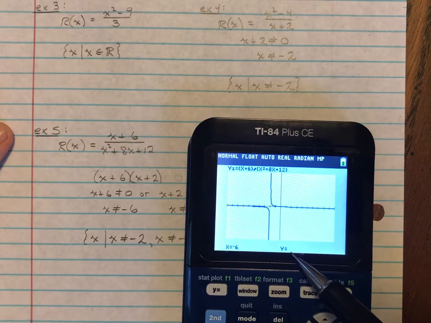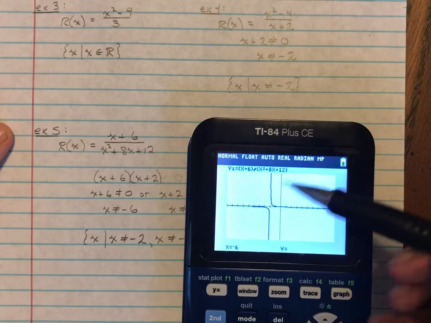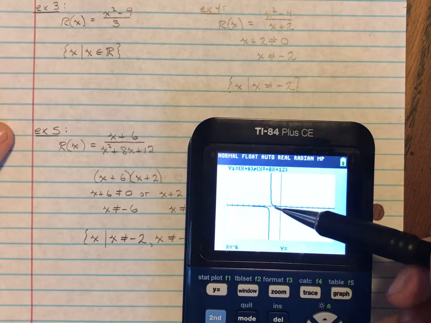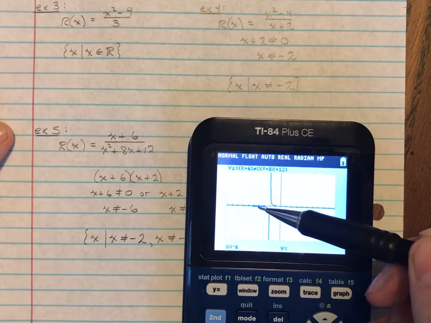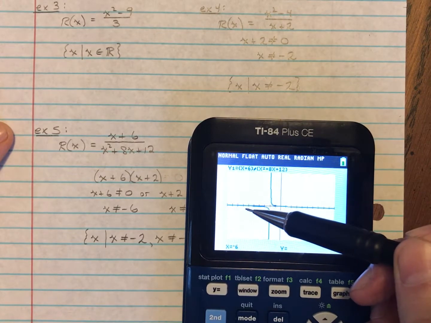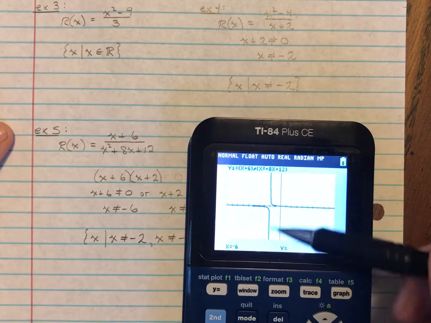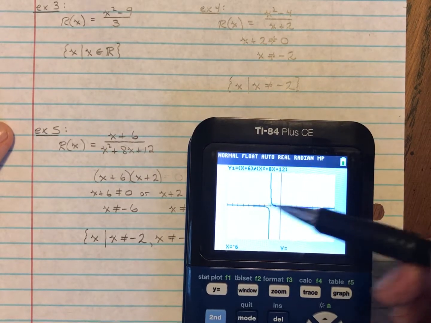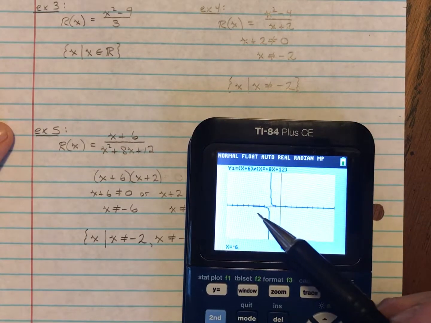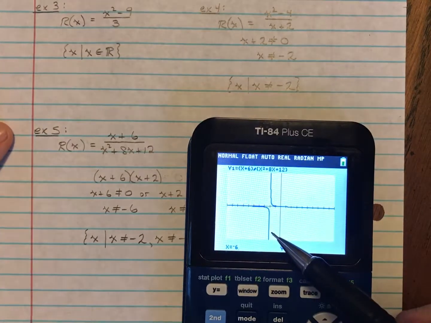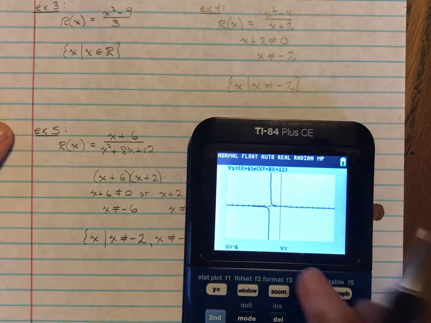We didn't get the value here, so it looks like negative 6 might be a hole as opposed to an asymptote. I'm not positive, but obviously the calculator is not refined enough to show us what's going on at negative 6.